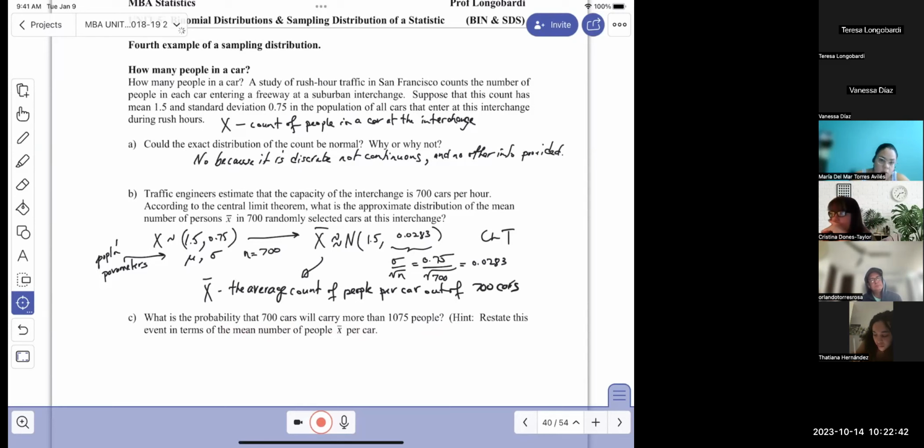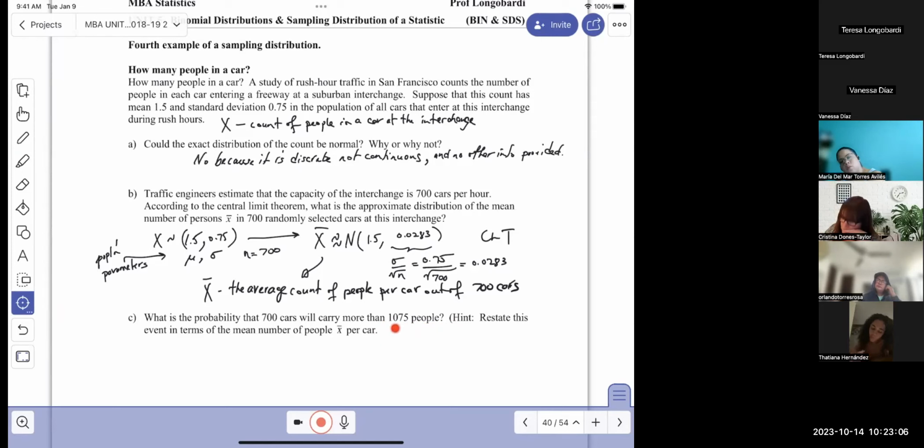So I'm going to solve for 1,075 people in total. What would be the average? That's the one step I have to take to be able to apply this formula or this result.